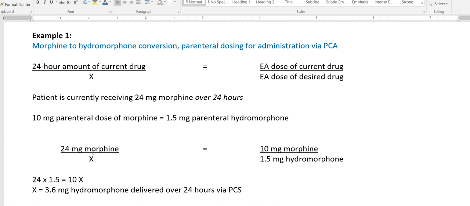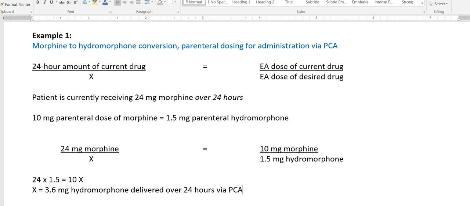Take 24 times 1.5 and divide it by 10. So 24 times 1.5 is 36, divide that by 10, and I get 3.6 milligrams of hydromorphone delivered over 24 hours via PCA. Sorry, I put a typo in there. That should have been PCA, not PCS.